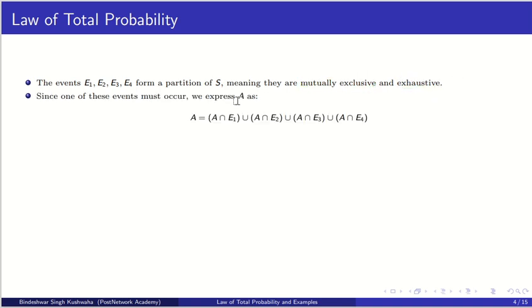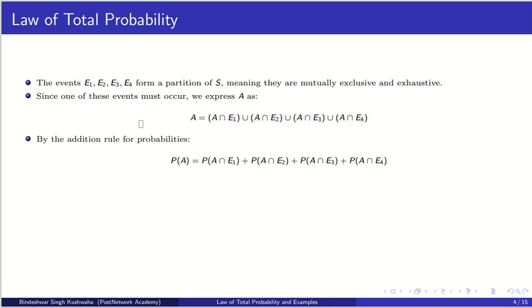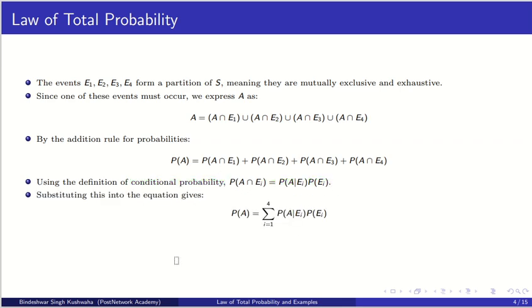So you can write A as A intersection E1 union A intersection E2 union A intersection E3 union A intersection E4. Now the probability of A you can write like this, and by the definition of conditional probability you can write P(A intersection Ei) as the probability of A given Ei times P(Ei). So just replace it, and you will get the law of total probability formula.